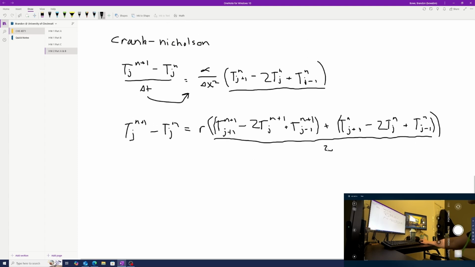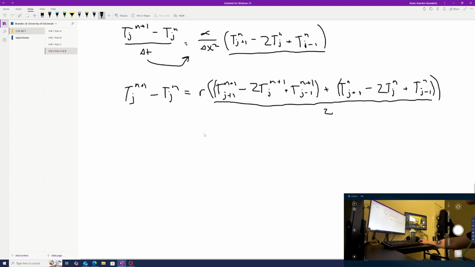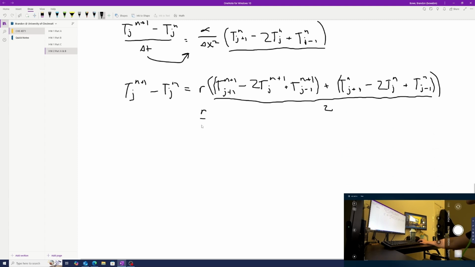So we can move this 2 out to be with this R. We'll start with our R over 2, and that's going to be multiplied to both of these. So we'll have just this down here, same thing, and then also plus our R over 2, and we will have this one here.